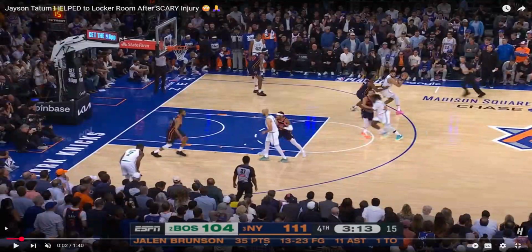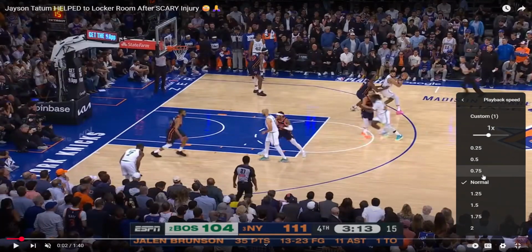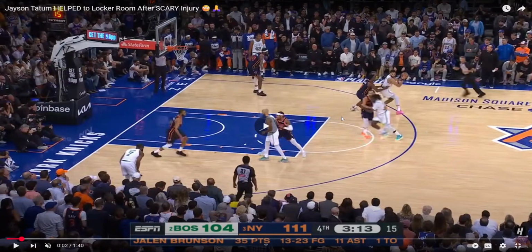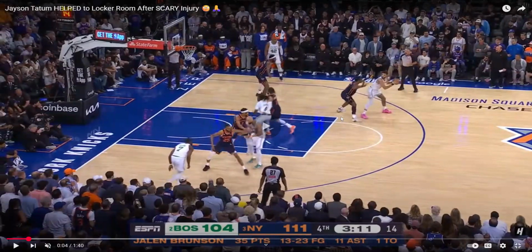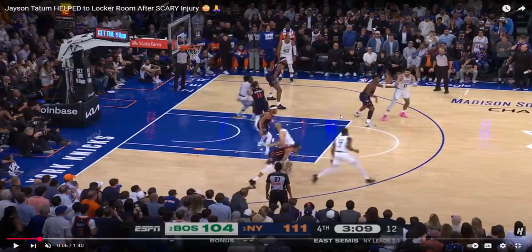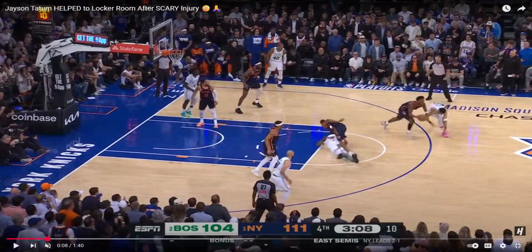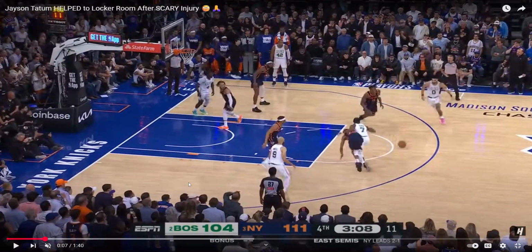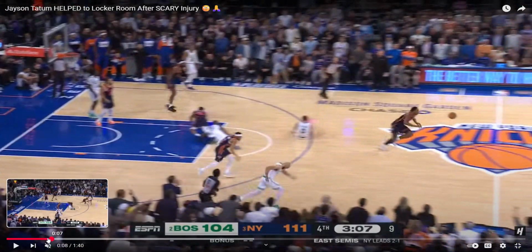Here he is with the ball. You see him rocking the pink shoes right there. And let me change this playback speed. Let's see how realistic this looks. So he passes it to Jaylen Brown. Oh, Jaylen loses it. That looked kind of fake. Yeah, I don't know about that.